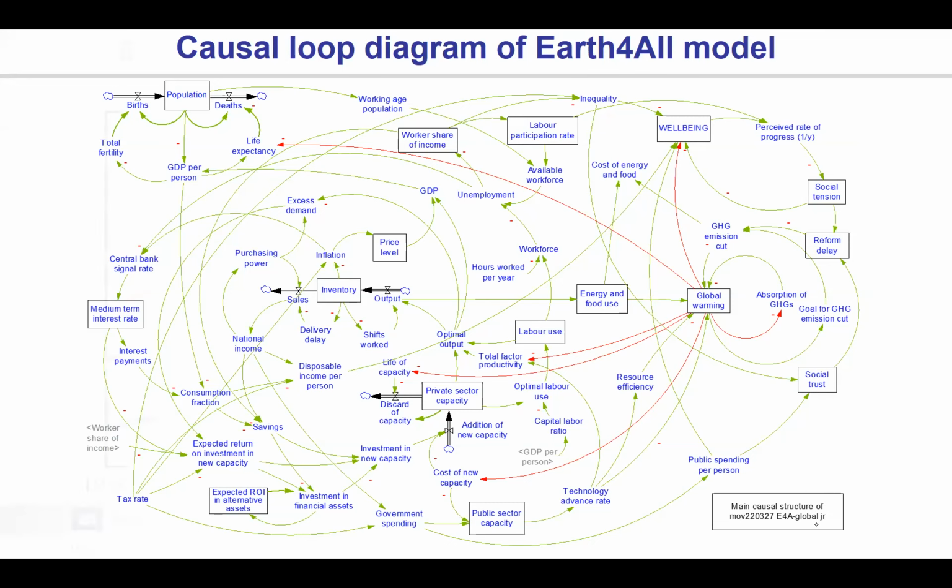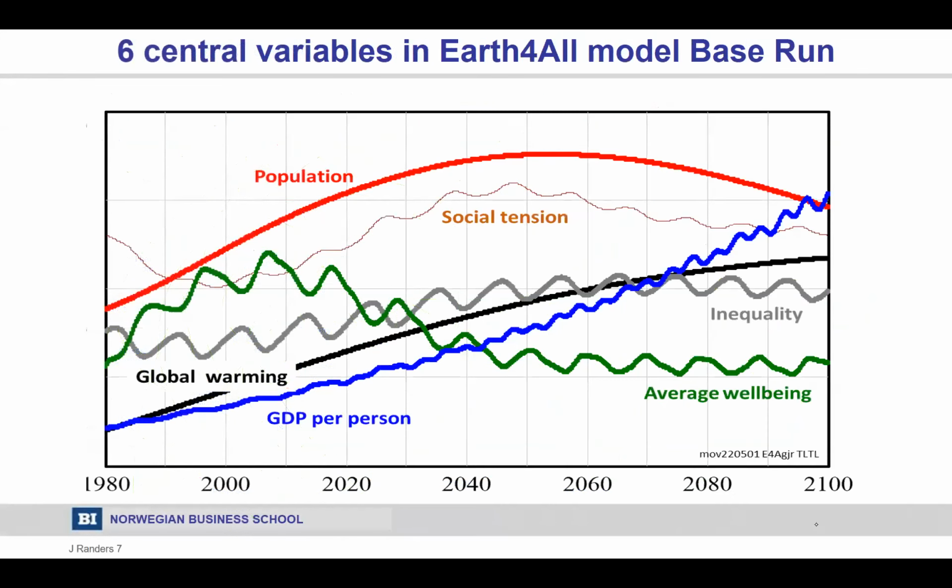And the model runs very nicely. Typically the base run looks like this. It matches history from 1980 to 2000, as it's parameterized in such a way that it matches the history from 1980 to 2000.